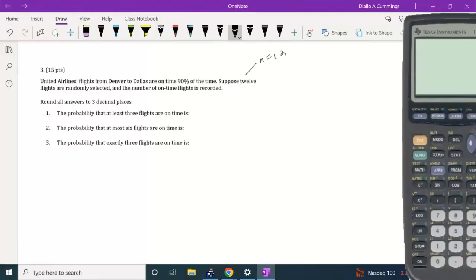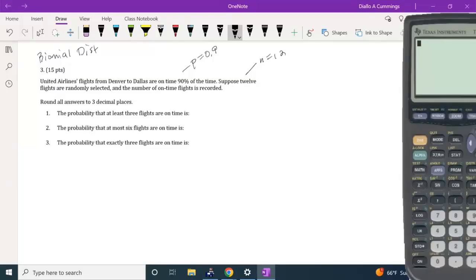We're given a probability of success, which is 90%, 0.9 as a decimal. Okay. Each trial is independent. The probability is the same for every trial. So this, in fact, is a binomial distribution. Okay.